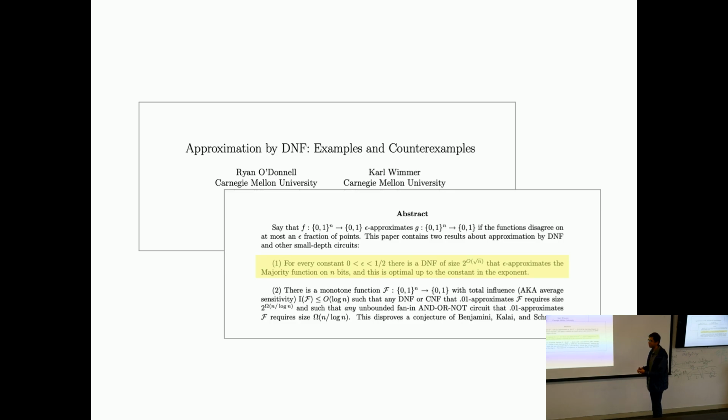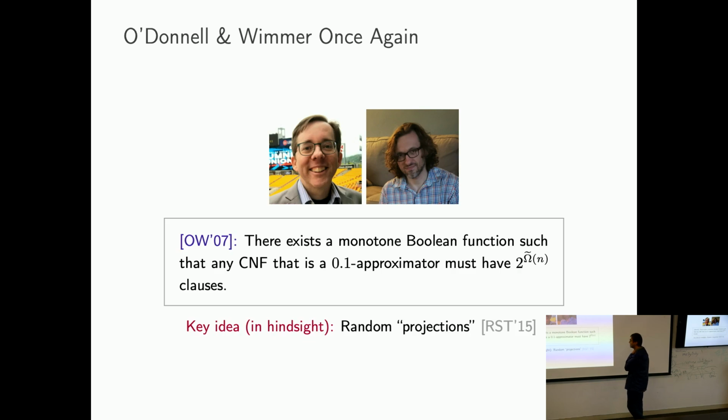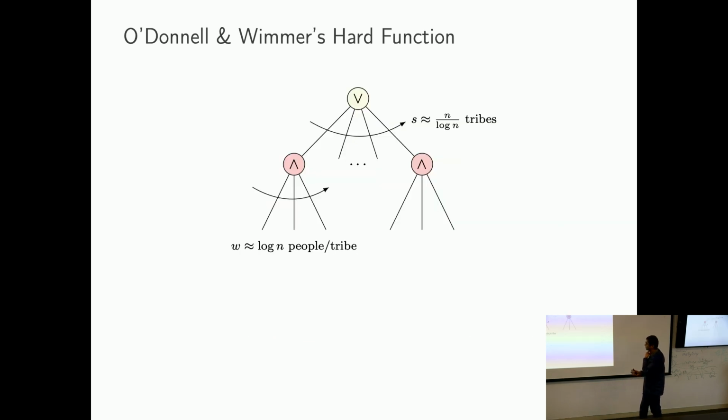So we're switching the two over here because we are interested in approximating CNFs. We're interested in approximation by CNFs, but this is the hard function. Okay. So it's an OR of a bunch of ANDs.